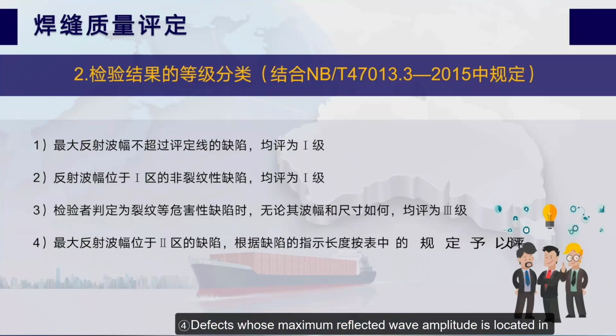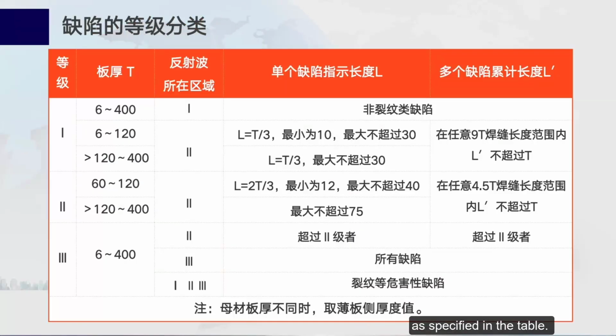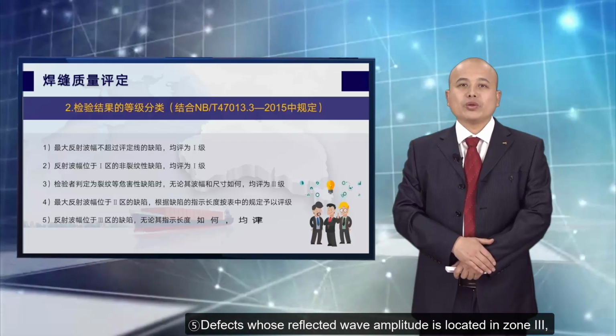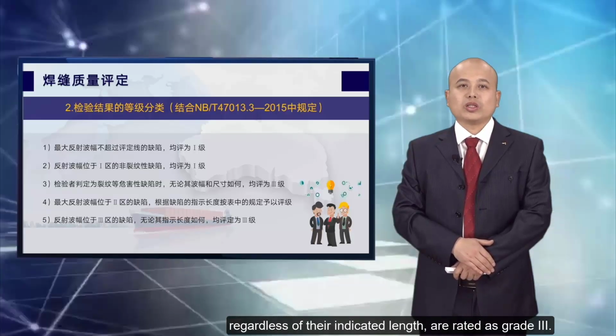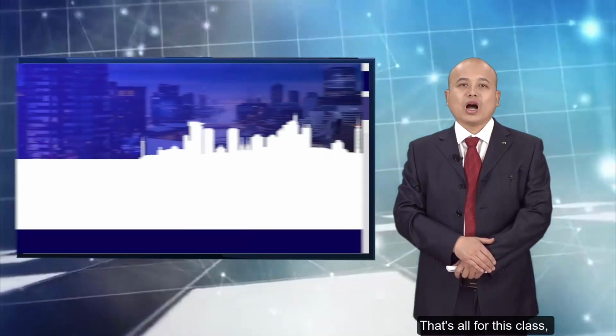Defects whose maximum reflected wave amplitude is located in Zone 2 shall be rated according to the indicated length of the defect as specified in the table. 5. Defects whose reflected wave amplitude is located in Zone 3, regardless of their indicated length, are rated as Grade 3.